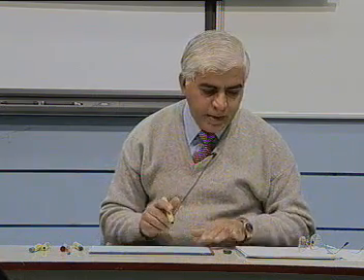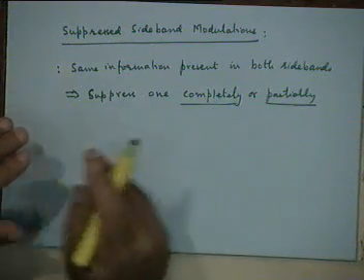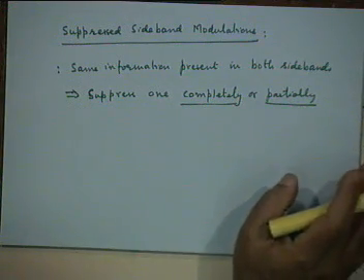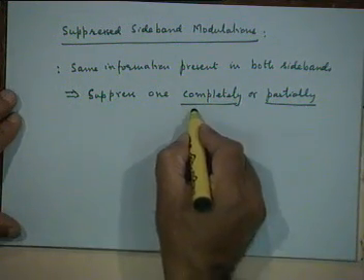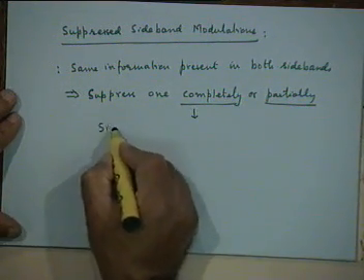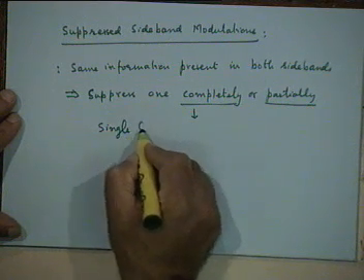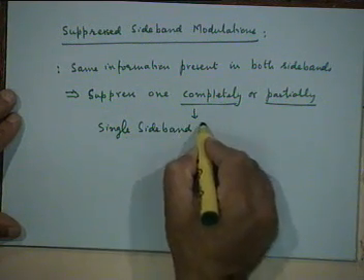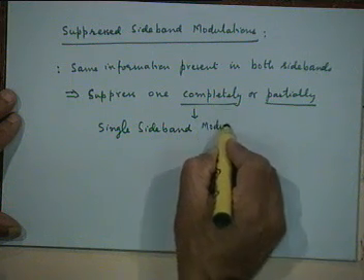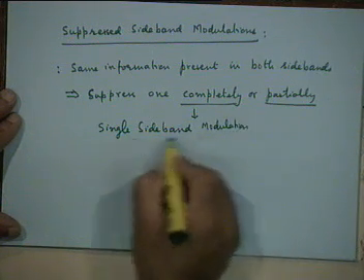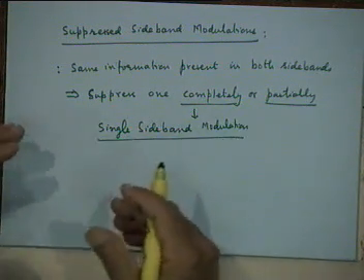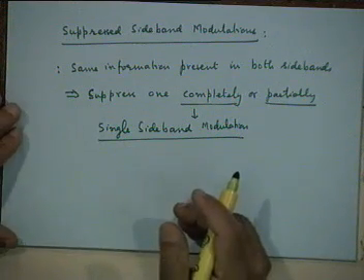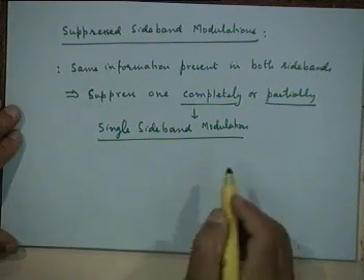When we suppress it completely, one of the two sidebands goes, and that leads to what is called single sideband modulation, because you are transmitting either the upper sideband or the lower sideband.